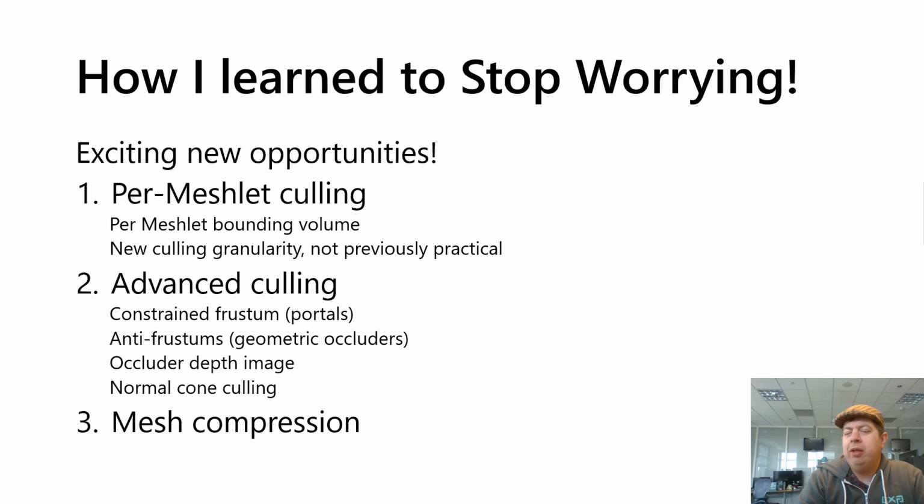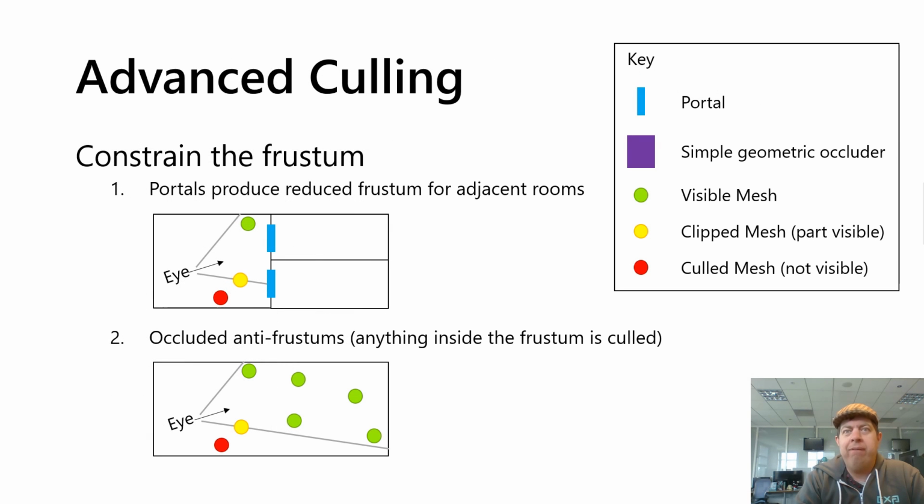This hasn't been a practical culling granularity. And then we have that combined with advanced culling techniques, whether this is constraining the frustum with portals, anti-frustums with geometric occluders, occluding from a depth image, or normal cone culling. And then finally, mesh. So, very, very quick recap.